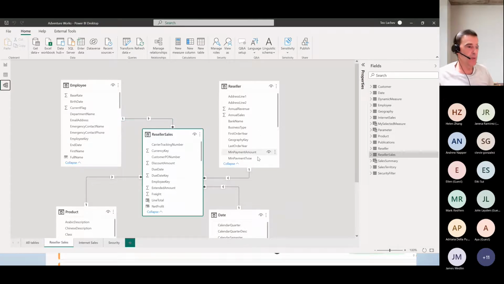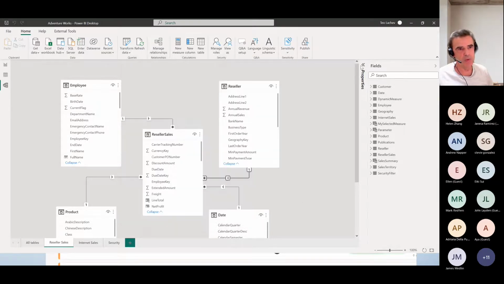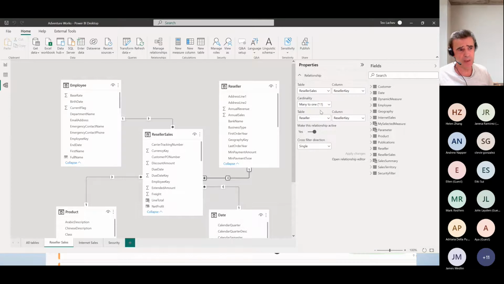So now the new enhancement is that you can change the relationships in here. Instead of deleting and recreating the relationship by drag and drop, you can just open the properties pane. When you select a relationship, you can make the changes right here in the context of the selected relationship. So that's a new feature.